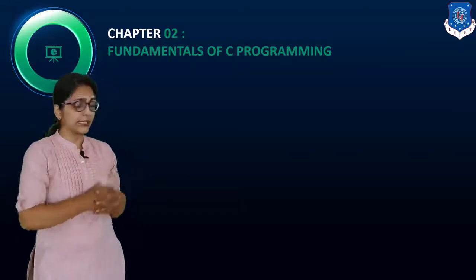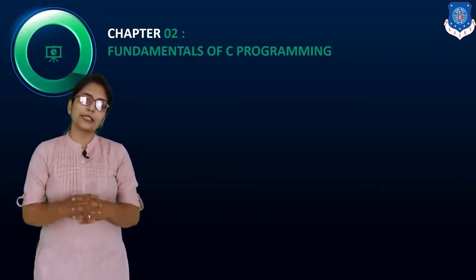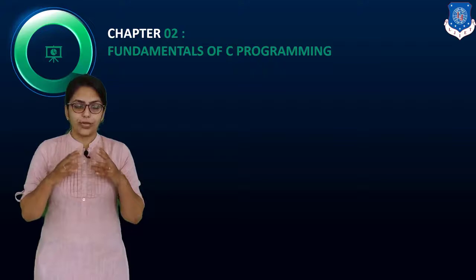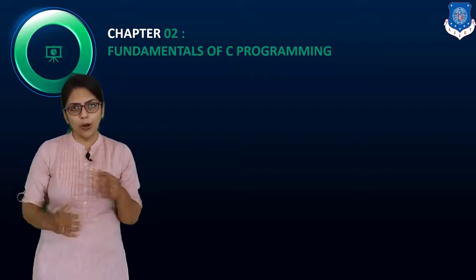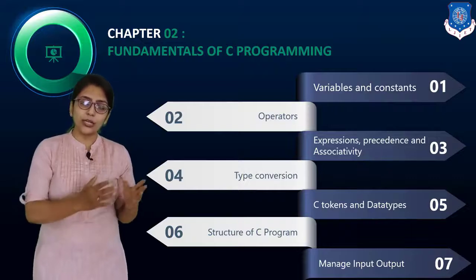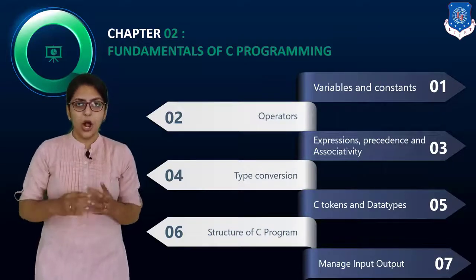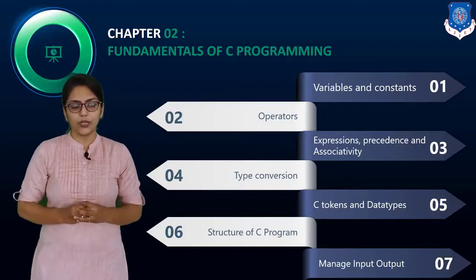Then after, as you can see in the title of the second chapter, it is Fundamentals of C Programming. In this chapter, we are going to talk about the history of C. Not only the history of C, but we are going to talk about some fundamental things of any programming language.